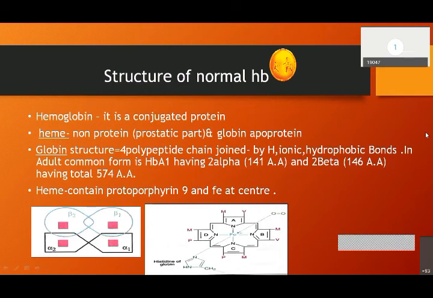As you see in the figure, there are two alpha chains, alpha 1 and alpha 2, and beta 1 and beta 2. The red pigment seen in the figure is the heme, which contains protoporphyrin 9 and Fe at the center.